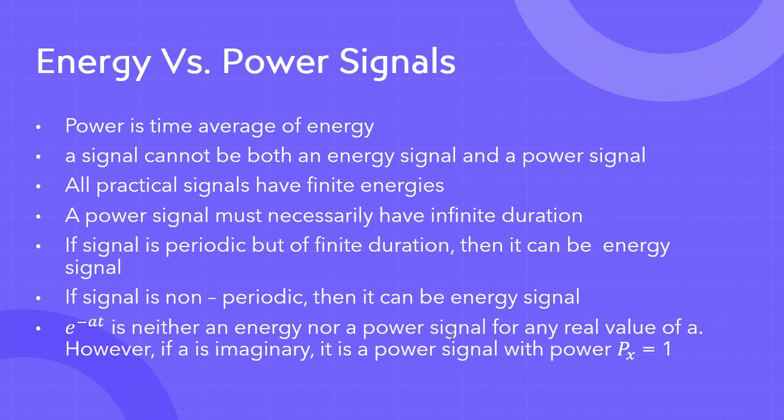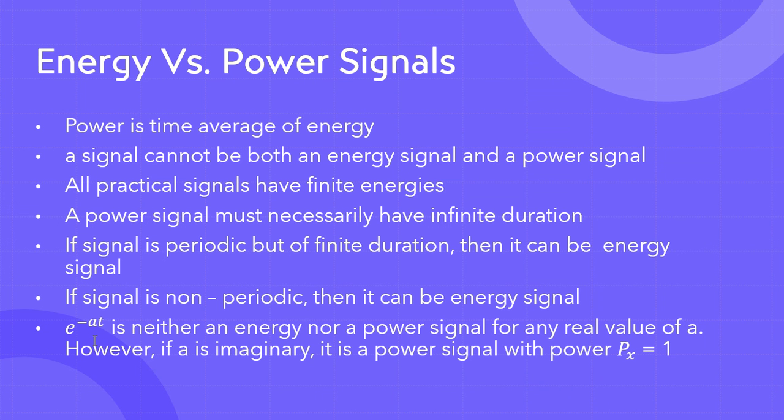There is a strong probability that if you are dealing with a few rare signals, then it can be neither an energy signal nor a power signal. Let me walk you through such cases. One of the cases I have mentioned in the presentation here is e raised to minus at.